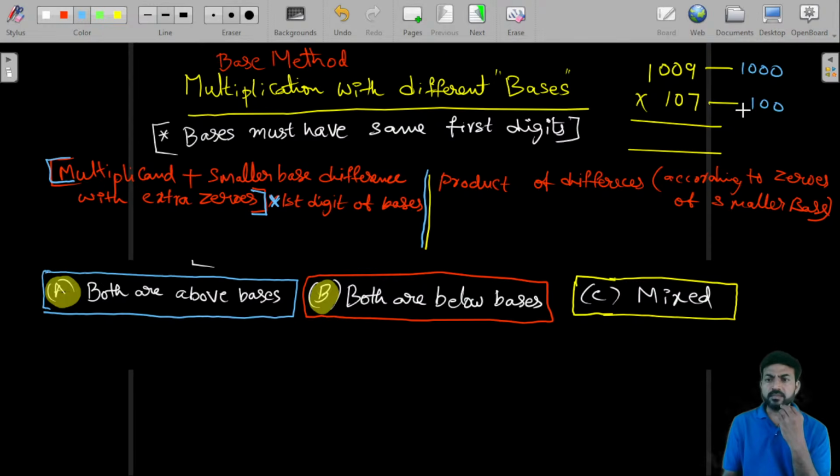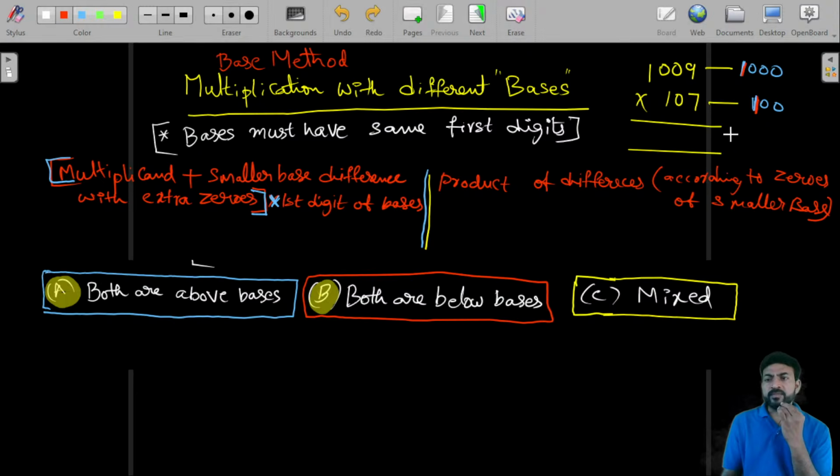According to the rule, both bases must have the same first digit. Both 1000 and 100 have 1 as the first digit. Clear? This is the single rule or condition for this.